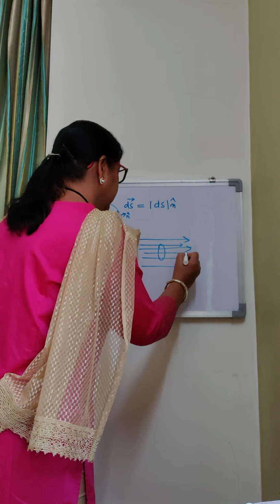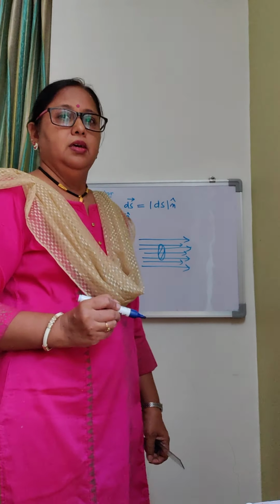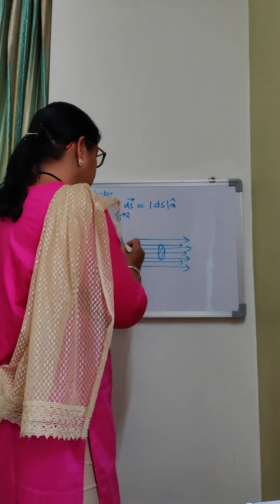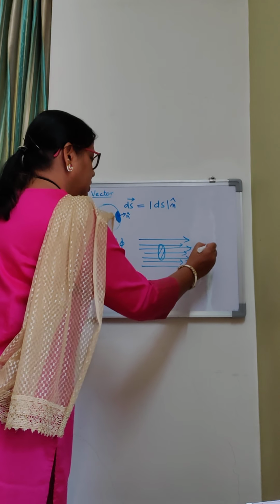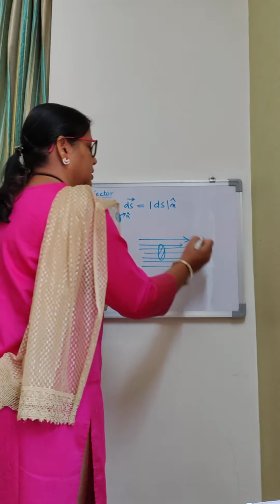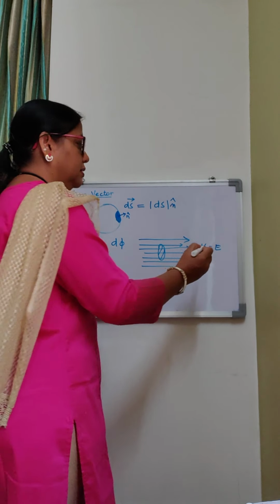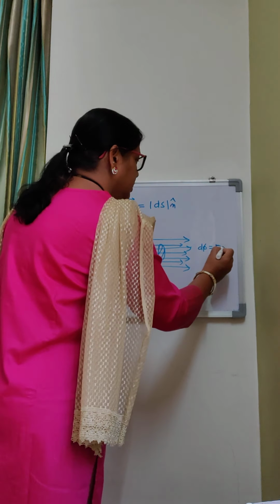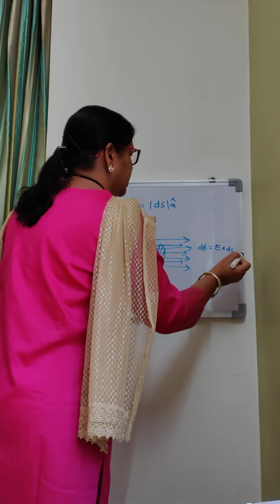There are many field lines passing through this. So the flux is defined as d phi. This d phi is equal to this E electric field vector into the area, that is ds or area vector.